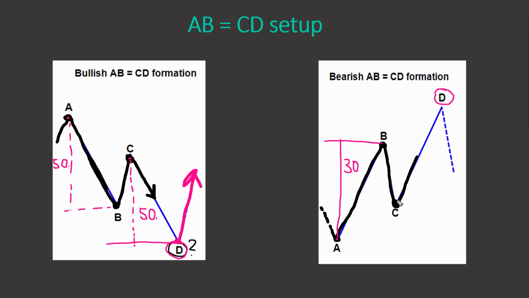Then there is the C, and from C, you measure those 30 pips and that's how you find the D. And the D is the place where you go short from, right? You go short from there. This is why the setup is called AB equals CD, because the distance AB needs to equal the distance from C to D. All right.